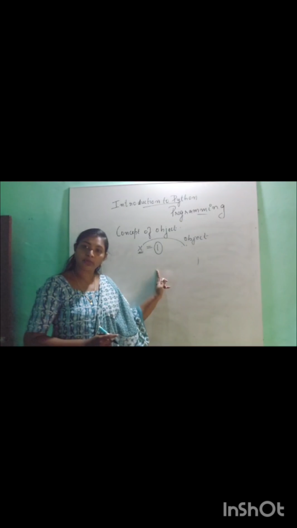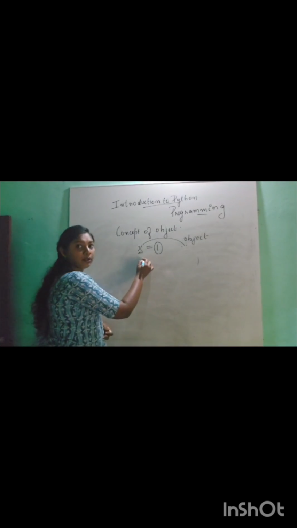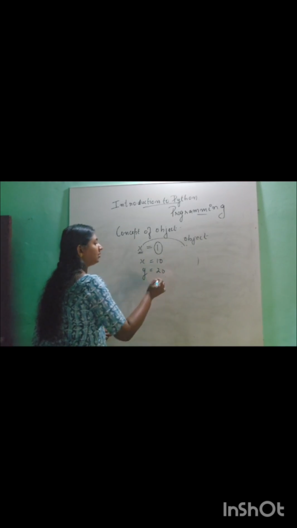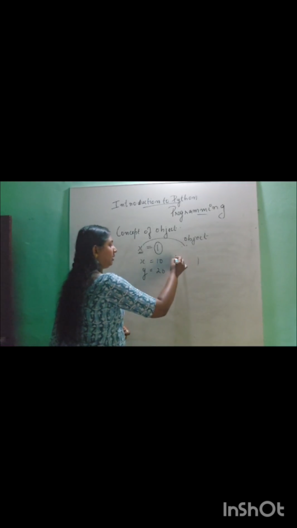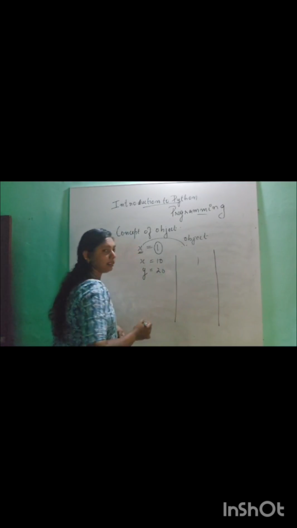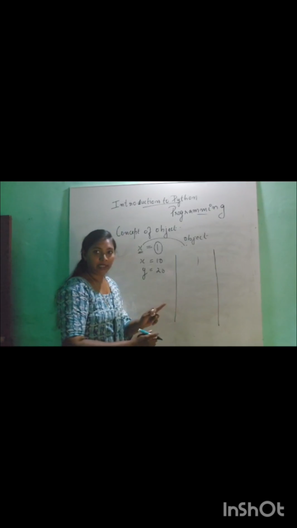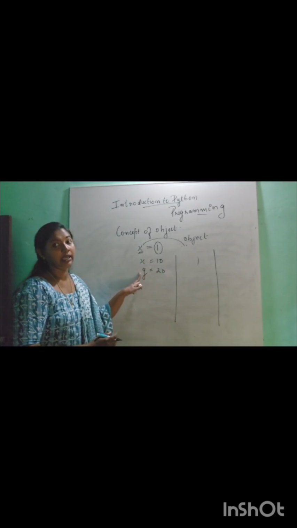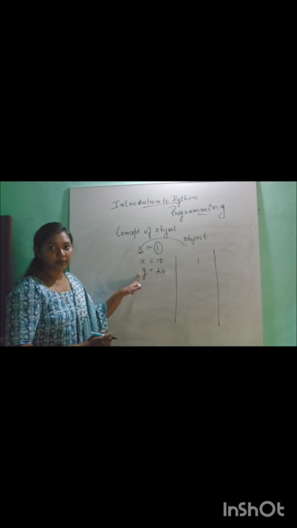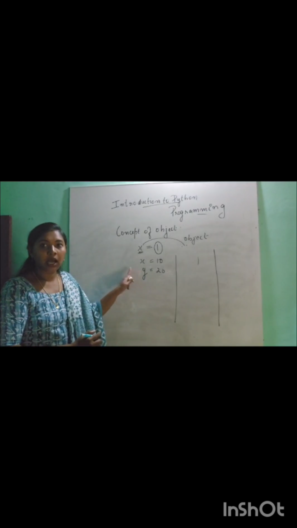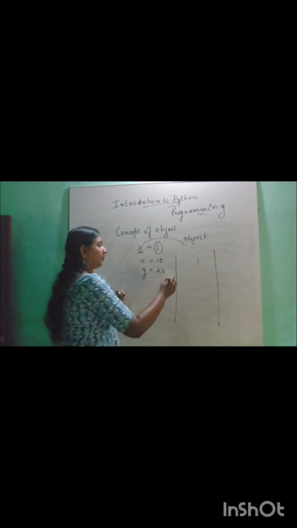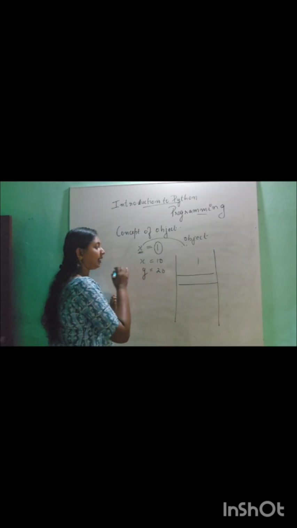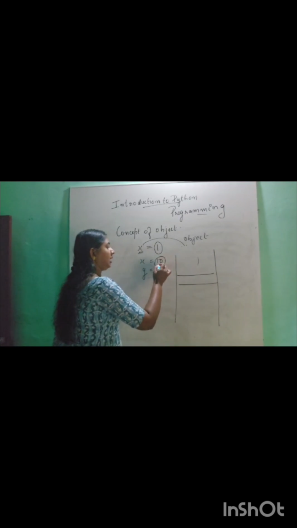Let me explain one more thing. Here I am creating two variables, x = 10 and y = 20. This figure shows the computer memory, and I am going to show how these variables x and y, rather two objects that belong to class int, are stored in memory. In memory only the data is stored. The data parts here are 10 and 20.